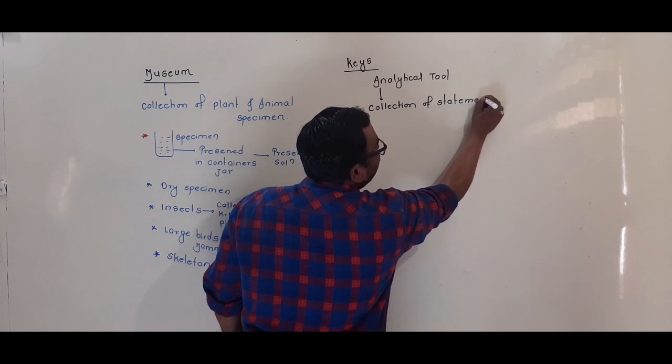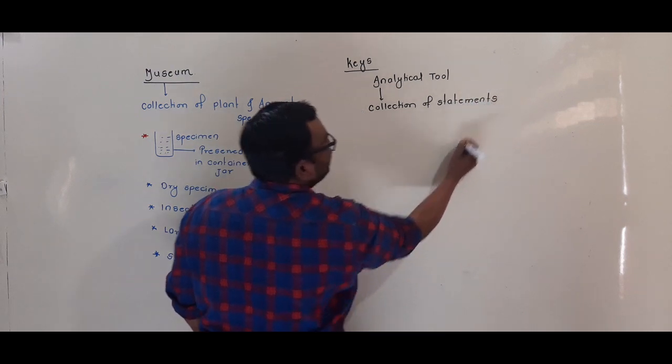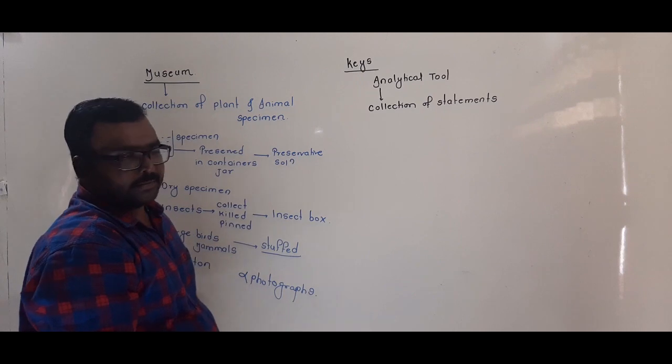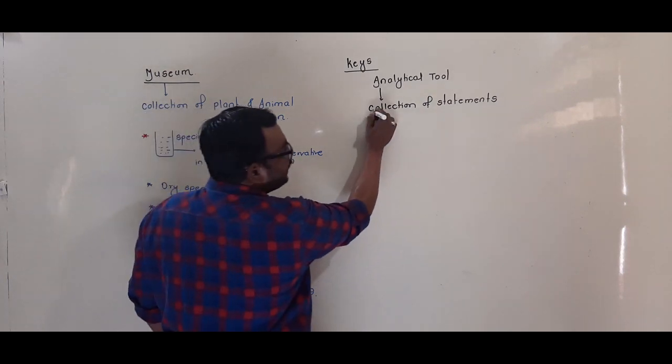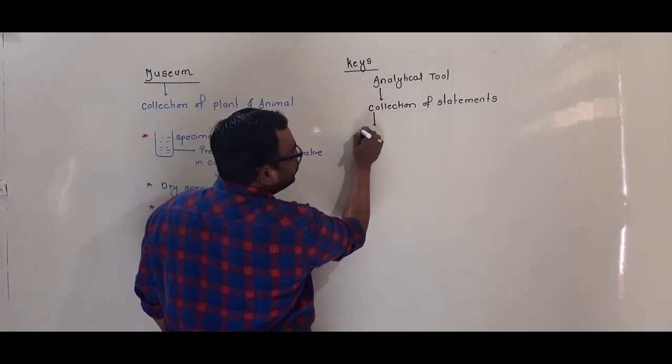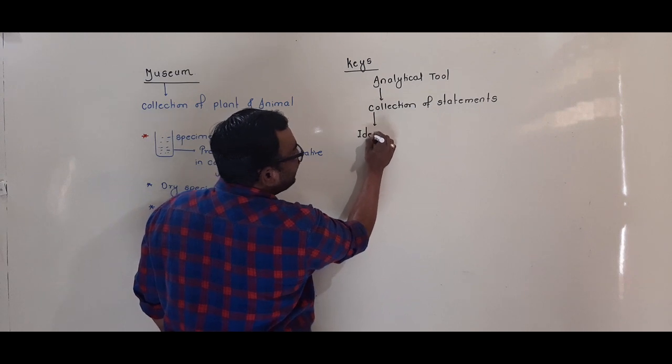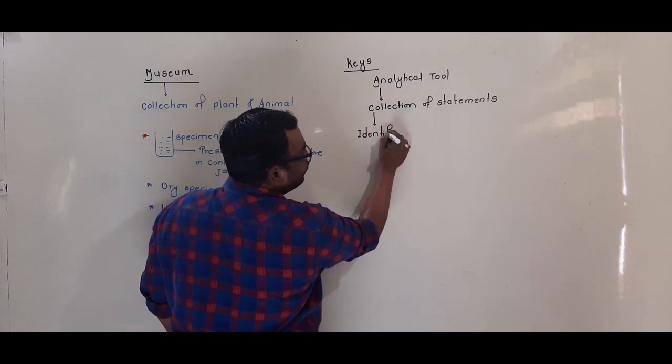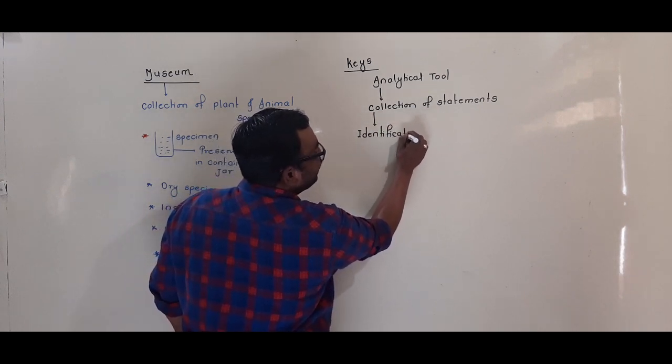A collection of different statements is nothing but called keys. Basically, keys are used for identification of any animal.